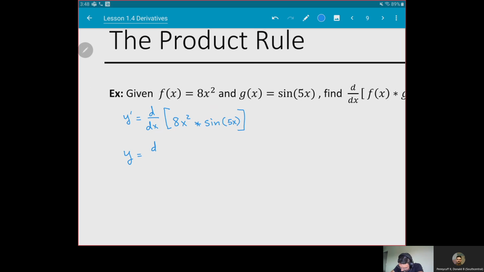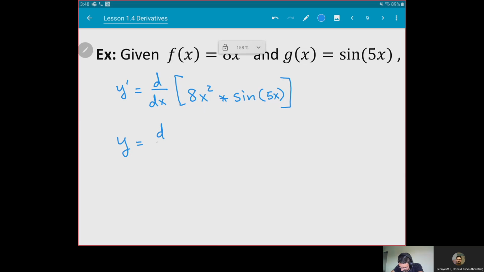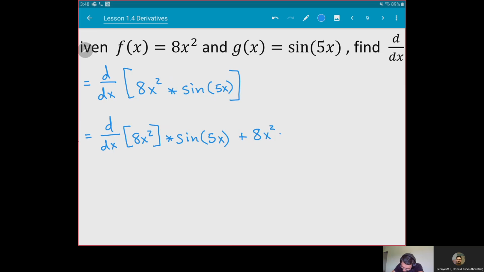So that is equal to the derivative of the first piece times the second piece, not the derivative, plus the first piece, not the derivative, times the derivative of the second piece.